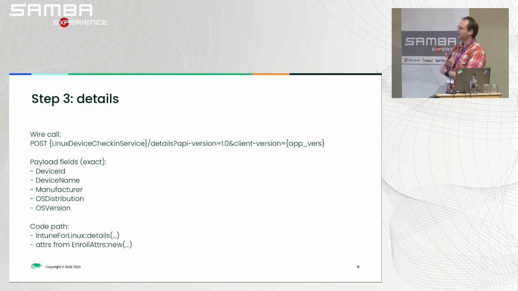We start that by sending a list of device details, which is kind of interesting. Every time that we do a device check-in, we begin by updating all of the device information with the OS version and distribution and such. And these only populate data in the Intune web interface. They don't affect policy at all.